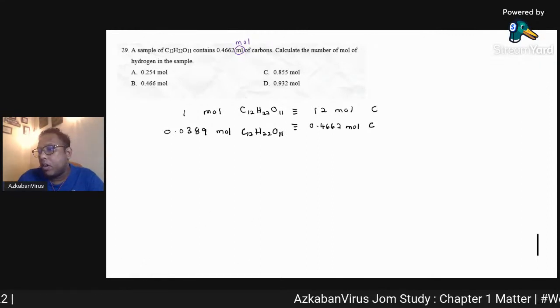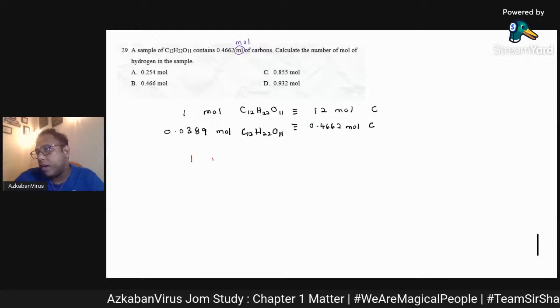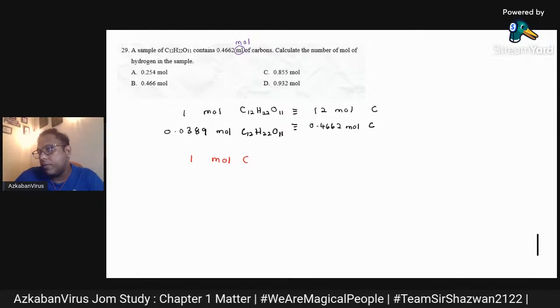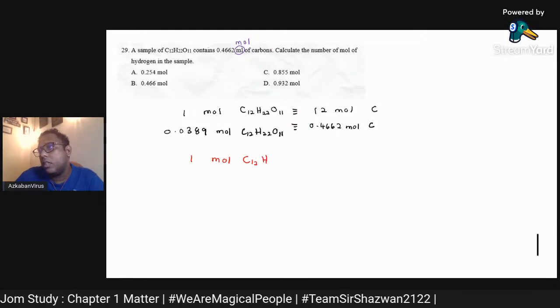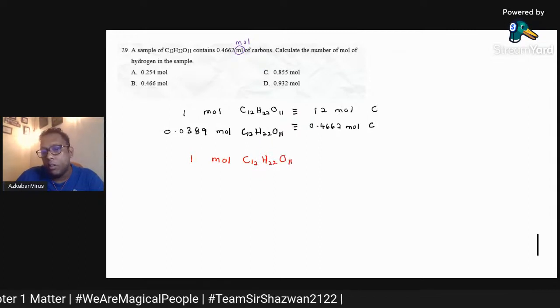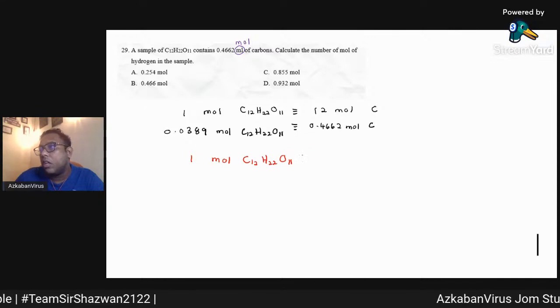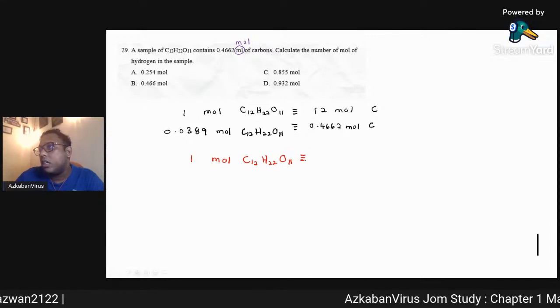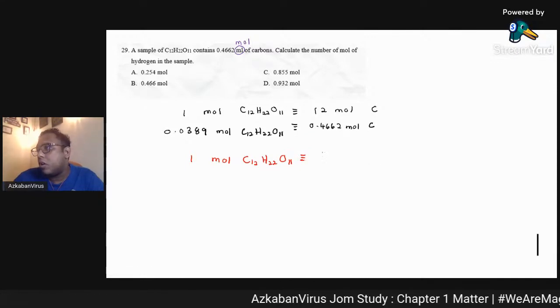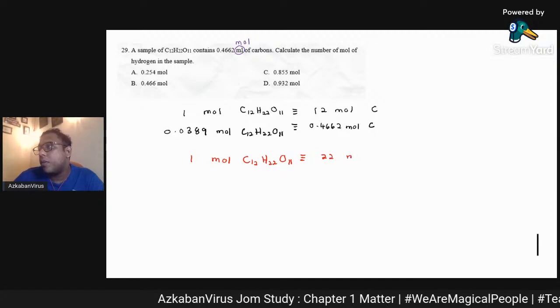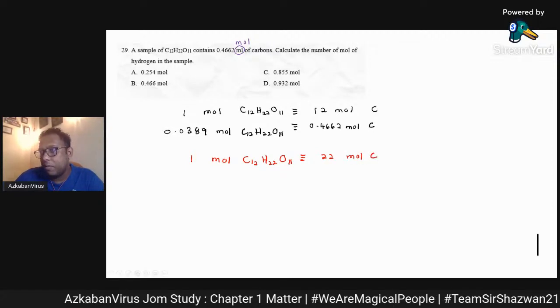Nak cari mole of hydrogen, we know that for every 1 mole of C12H22O11, kita ada 22 mole of hydrogen.